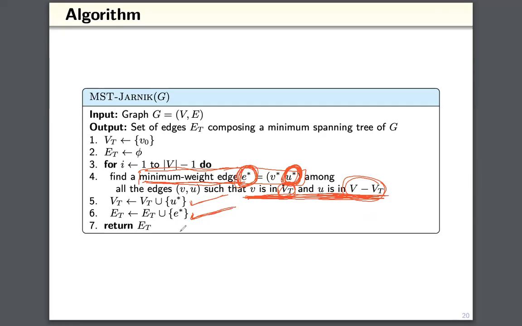So that's your pseudocode. Now you might have a question. This is fine, right? Union, I mean, adding one more thing into the set is fine. Adding one more edge into the set is fine. Looping is fine. How do you implement step 4 here? How do you implement step 4?